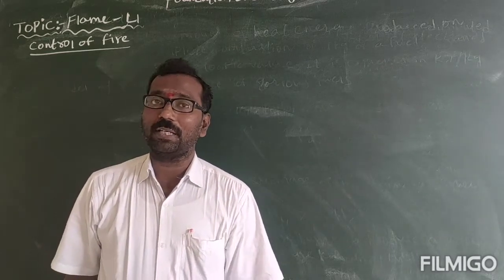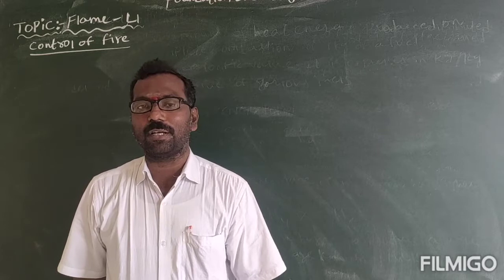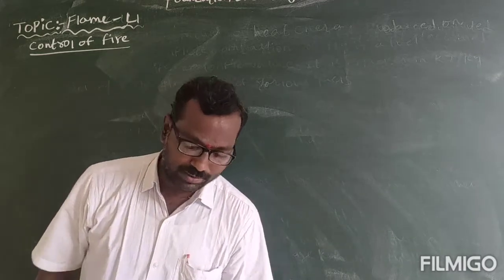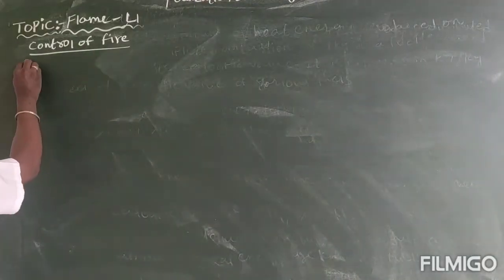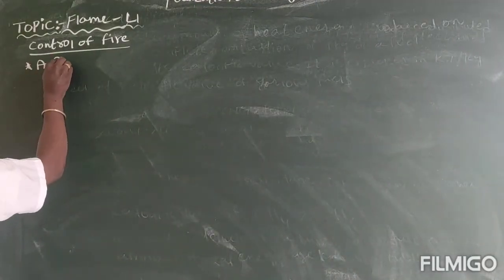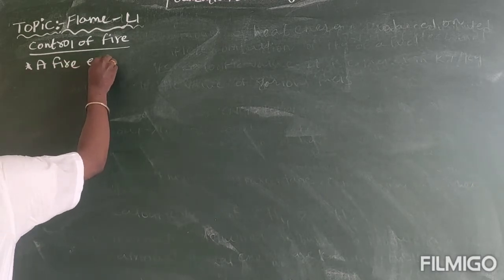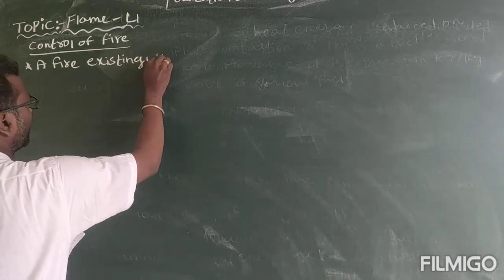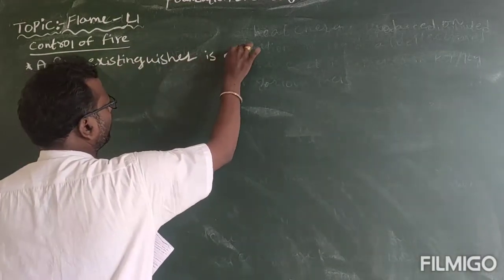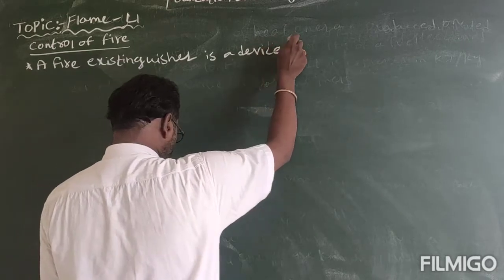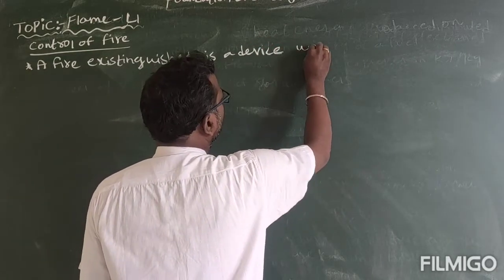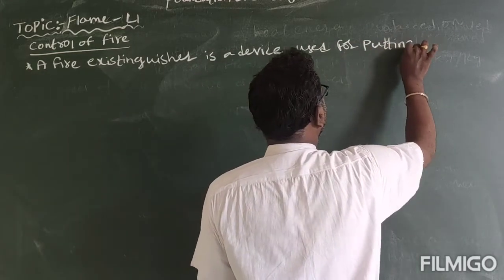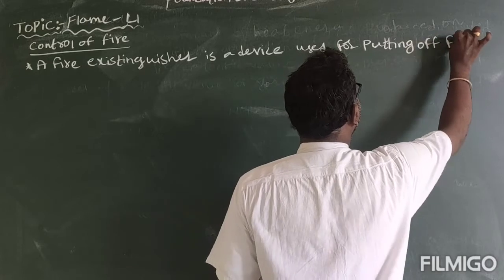So what is a fire extinguisher? A fire extinguisher is a device used for putting off fire.